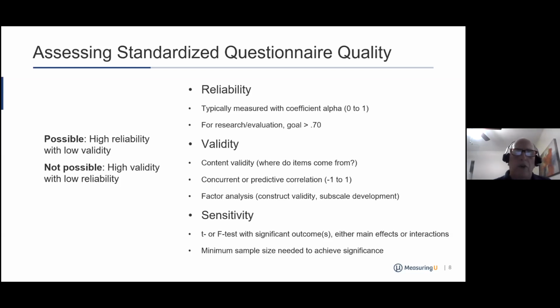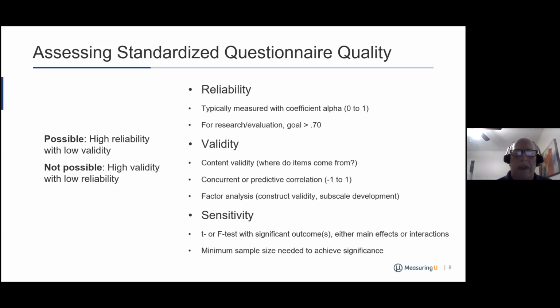You get to construct validity through a procedure called factor analysis. And factor analysis helps you determine, for example, if you have sets of items clustering in a way that would justify the development of subscales in an overall measurement, or whether it looks like everything is kind of hanging together and it's just measuring one construct.